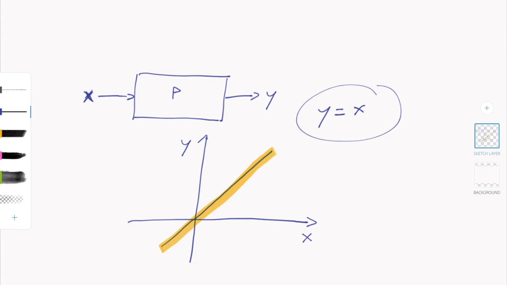How can it be useful to us? Oh, that's very simple. For example, given the mathematical relation between y and x, you can know what will be the value of y for any given value of x. Just simply put the value of x in the equation and you will get the value of y. In this case, it's very simple because y equals x.